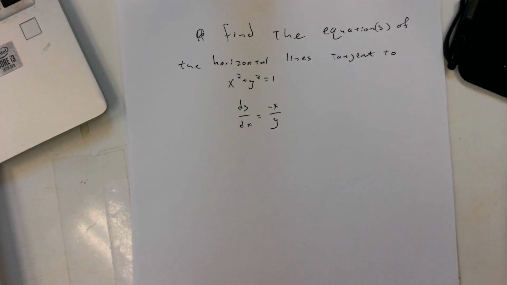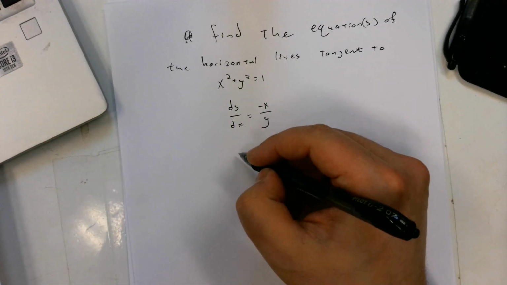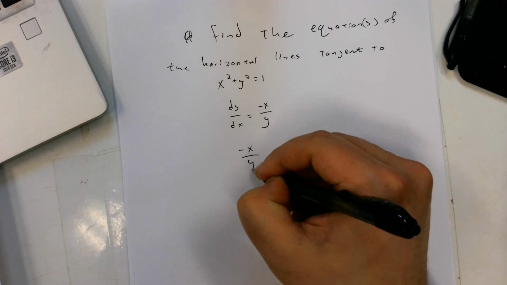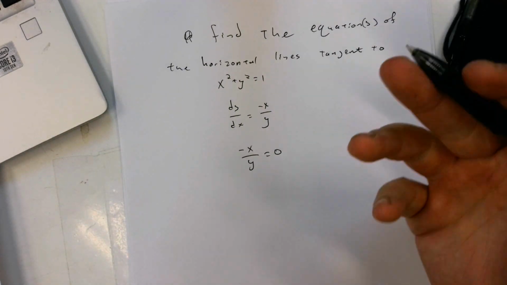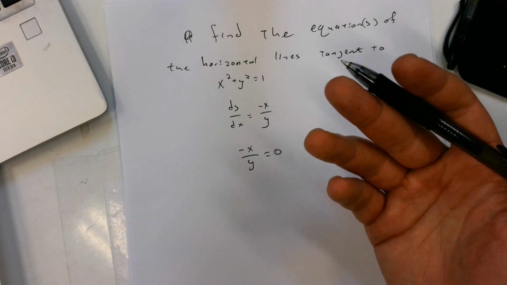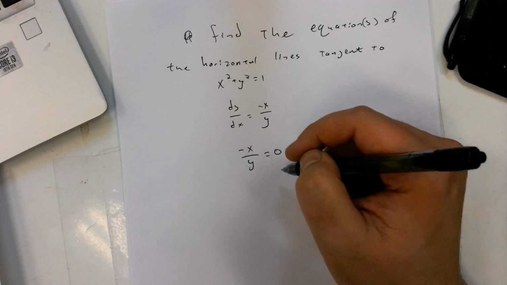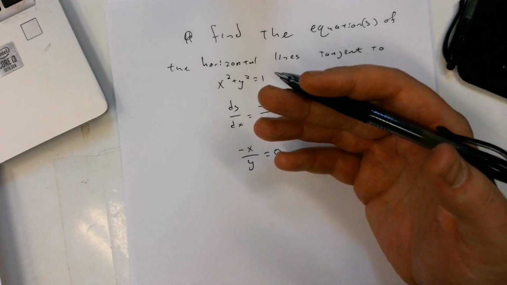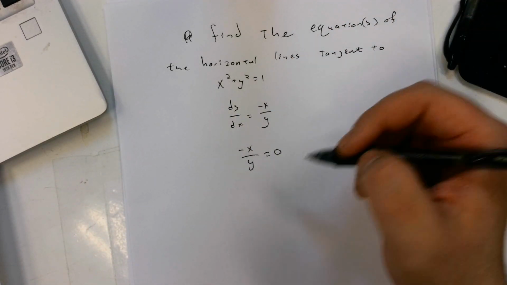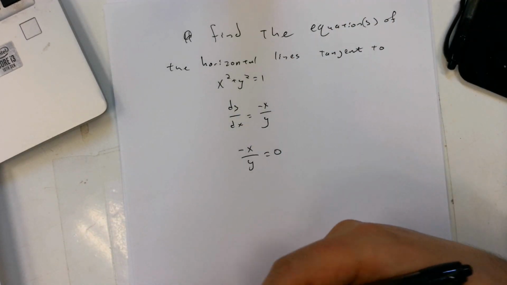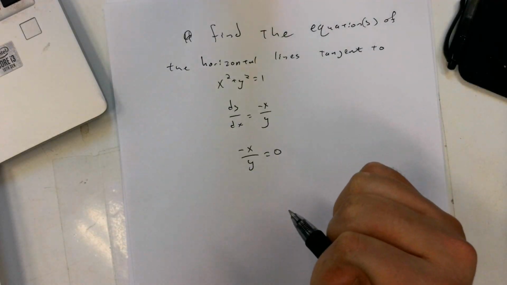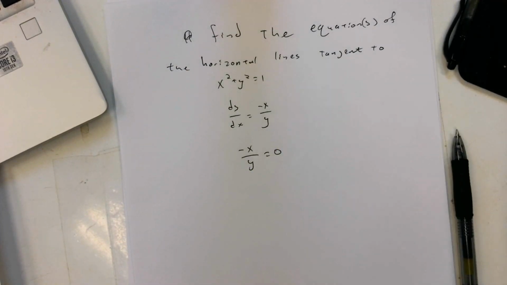Now, let's set negative x over y equal to 0. I want to figure out where my derivative is equal to 0. Why do we solve for the numerator? Well, if I want my fraction to be equal to 0, I need my numerator to be equal to 0.